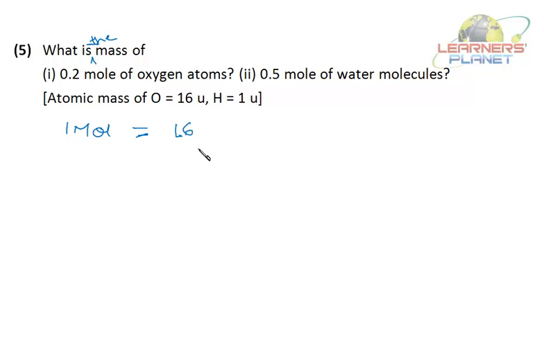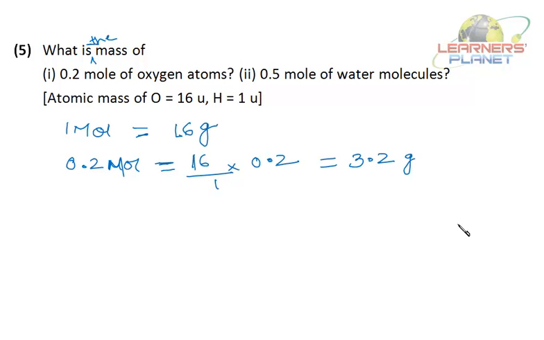That is how much? 16 grams. Right? So what is the mass of 0.2 mole of oxygen atoms? 0.2 mole will be equal to 16 divided by 1 multiplied by 0.2. Right? So what will be the answer? 3.2. So it is 3.2 grams.